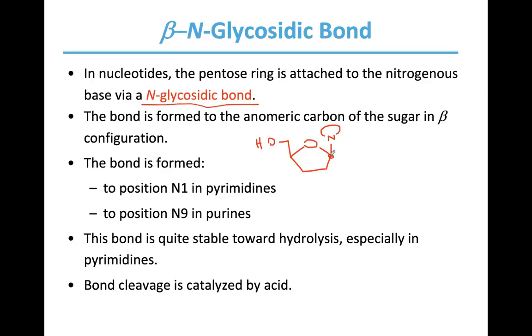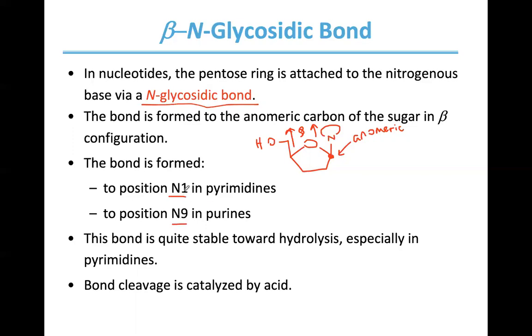So this is the anomeric carbon. And you can see here, since this is up, this is up, they're both on the same side. It's a beta configuration.